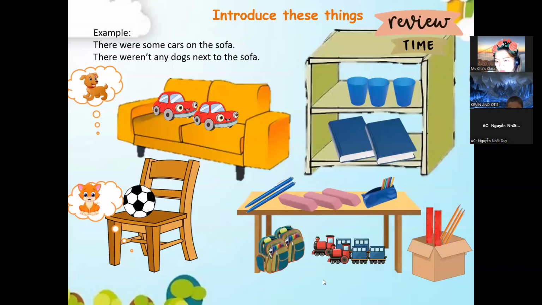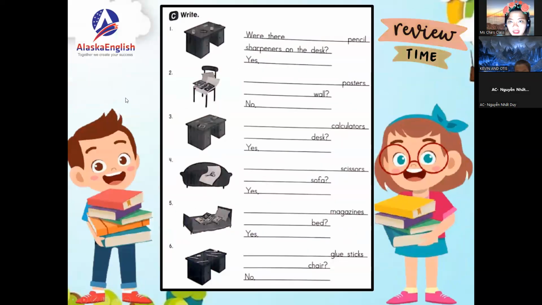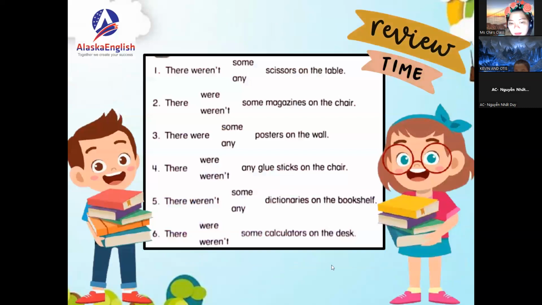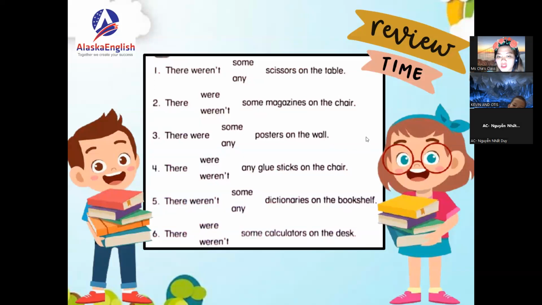Now, moving into here, what we have next. How can you complete the sentence? What is the correct answer? It says there weren't. So what are we going to use? Some or any?